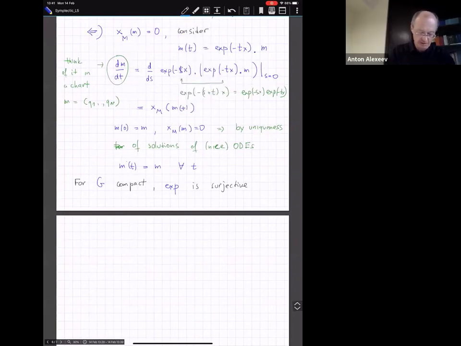Of course. So what happens, right? We have an action map.